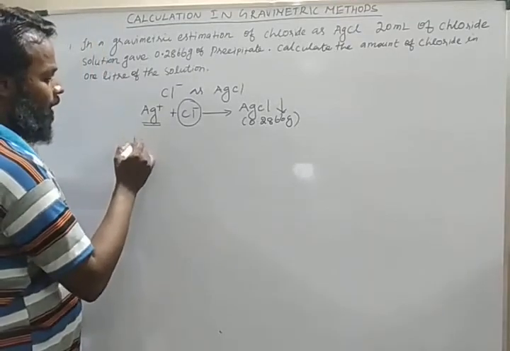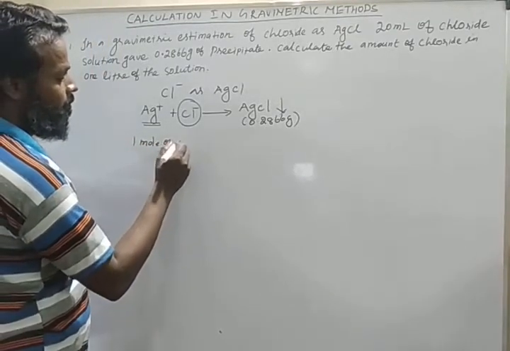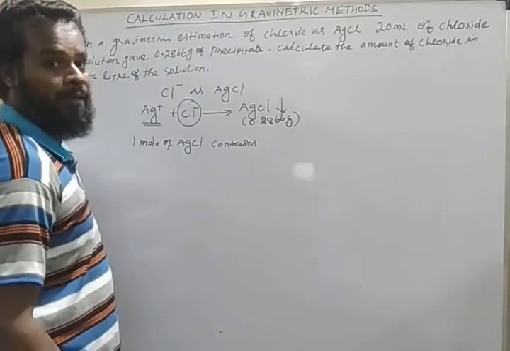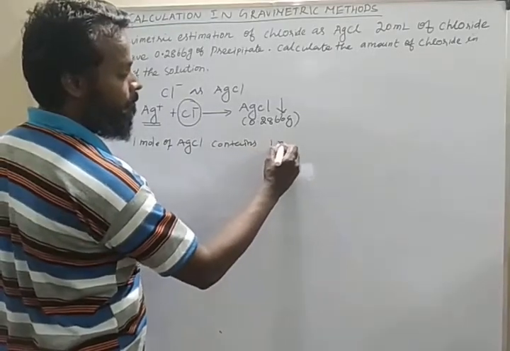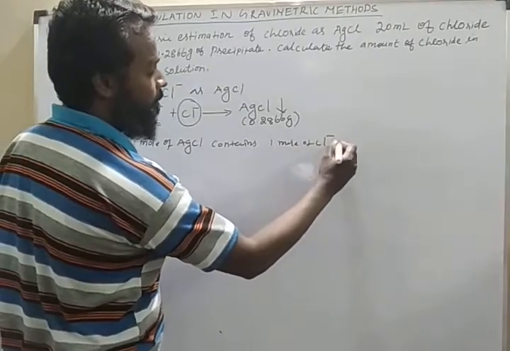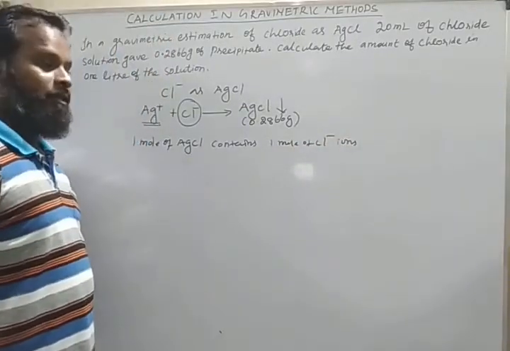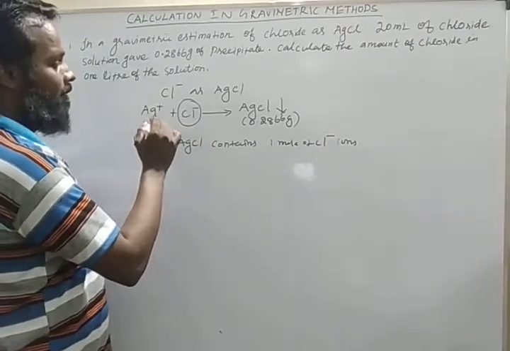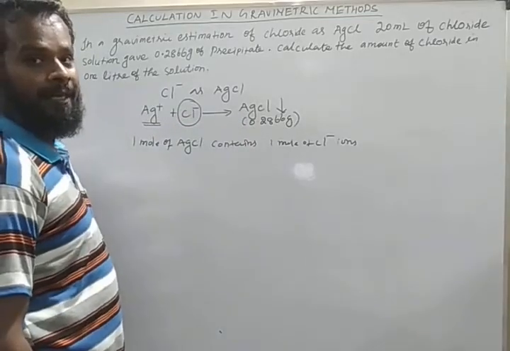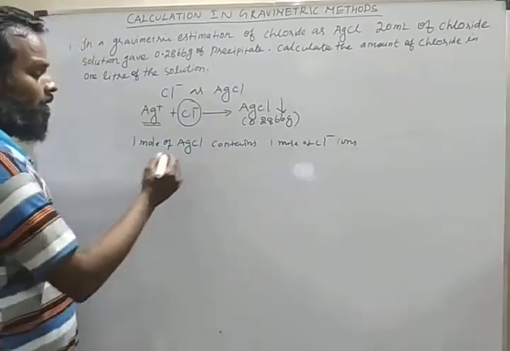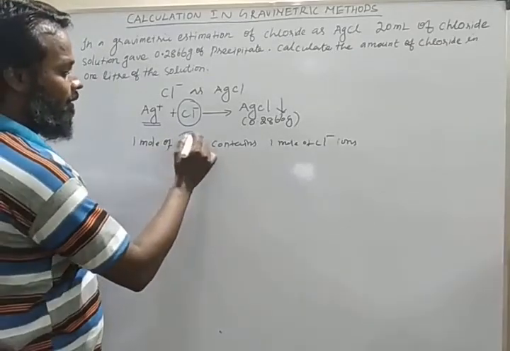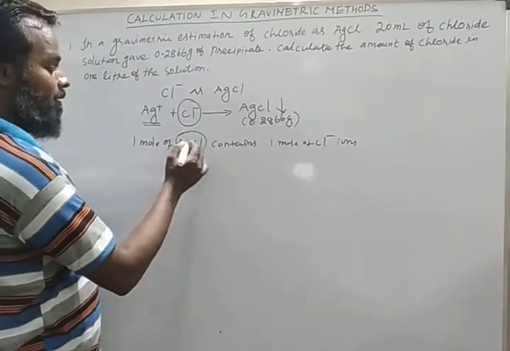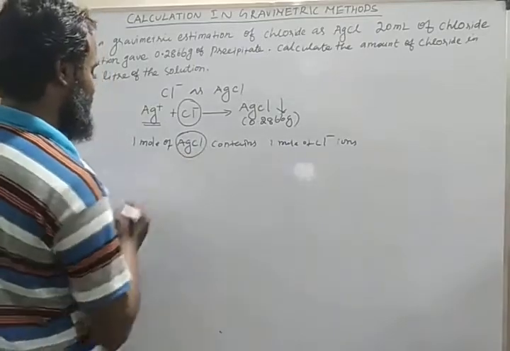Therefore, 1 mole of AgCl contains 1 mole of chloride ions, which means 1 chloride ion combines with 1 silver ion to give AgCl. So we know the formula weight of AgCl, because 1 mole is equal to the molar mass of AgCl.